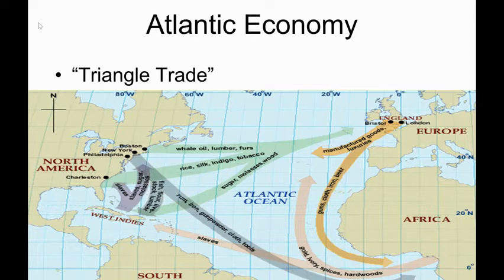So you see whale oil, lumber, furs, rice, silk, indigo, tobacco going to Europe, and then down to the Caribbean, they would send foodstuffs, things like fish and wheat and corn, anything to help feed slaves in the Caribbean sugar islands. And then, of course, Africa would supply the labor, and they would be paid in terms of gold, guns, and manufactured goods from Europe.